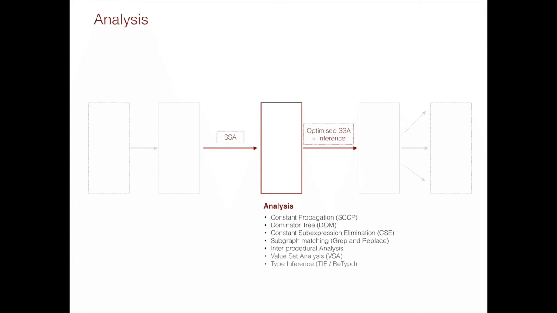The second one is the dominator tree. These have many applications. One of them is common sub-expression elimination. The other is to identify loop headers and loop bodies during decompilation, which is a really important phase. Then common sub-expression elimination eliminates sub-expressions which are evaluated repeatedly.